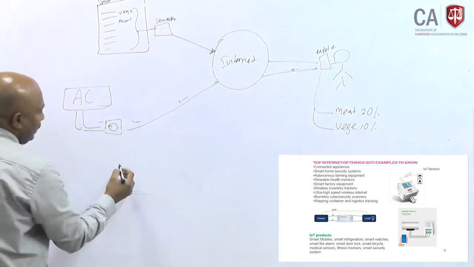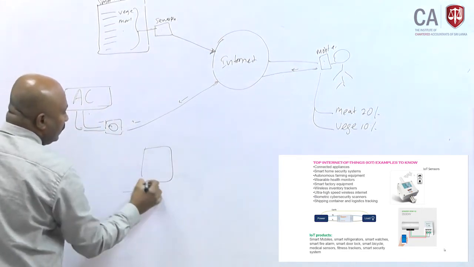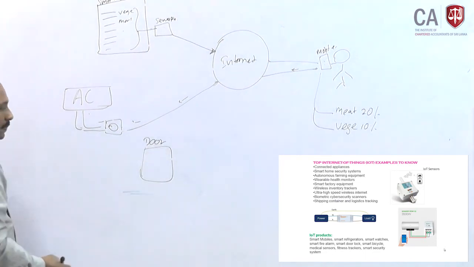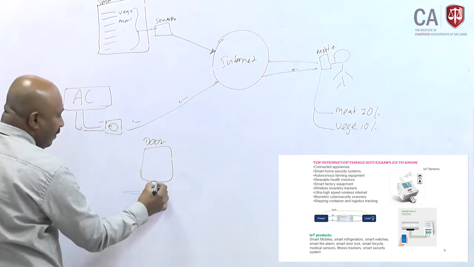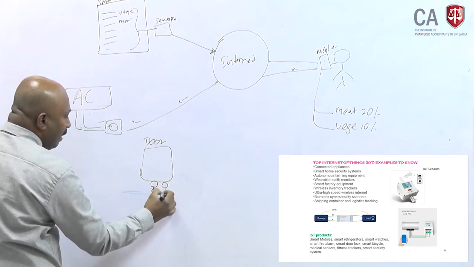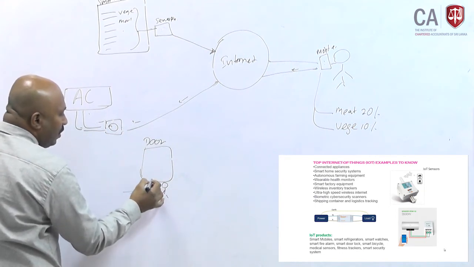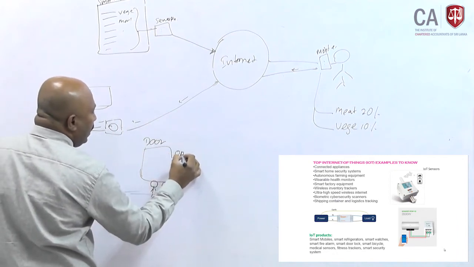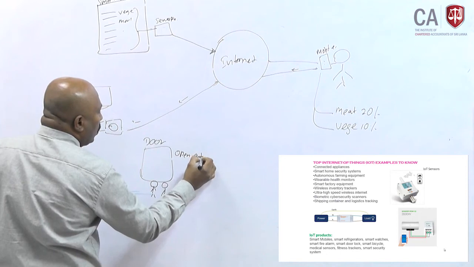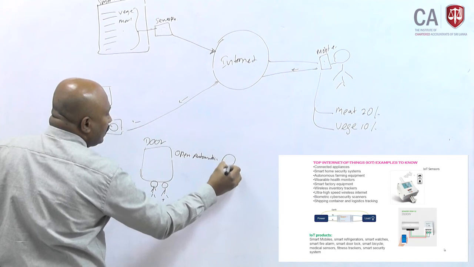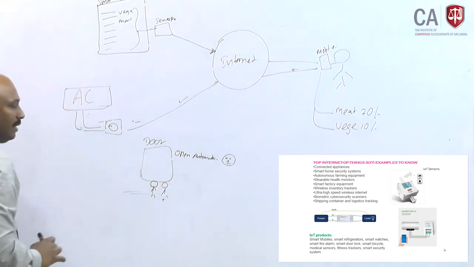Let us say there is a door. This is like a smart door. When you appear here, it will automatically open when your face is recognized.